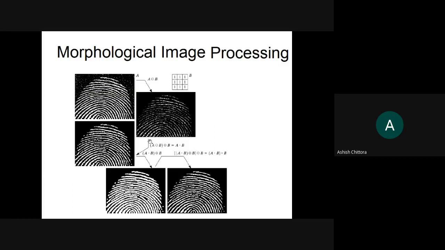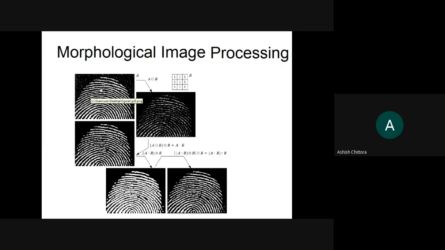Here we see an example of fingerprint recognition. We have a raw image where there are so many noisy pixels. They do not represent any information of the fingerprint, so we have to improve this image. We want to segment only the fingerprint information from this image.